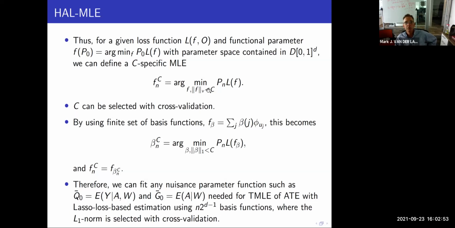But suppose we approximate our function, which is an infinite linear combination, by a finite linear combination, which of course we can do because it only depends on the data. So at the end, you can find a finite set of knot points which matters. In our case, we have specified like n times 2 to the power d of such points. And so then this candidate f becomes just a linear combination of these indicators.